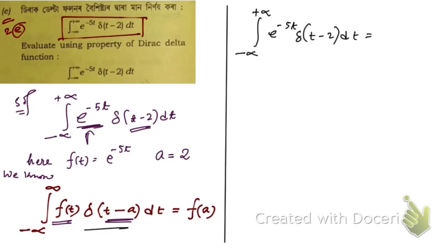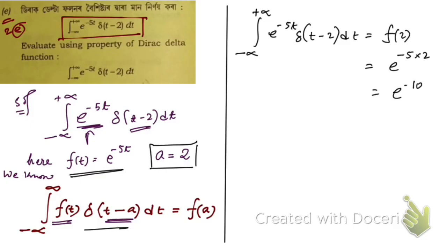That is supposed to be equal to f of 2, since a is equal to 2. Since f of t is equal to this one, f of 2 must be equal to e to the power minus 5 into 2, so that's going to be e to the power minus 10. e to the power minus 10 means 1 by e to the power 10. So that is what we needed to find, right?